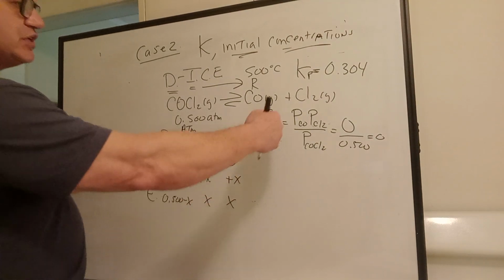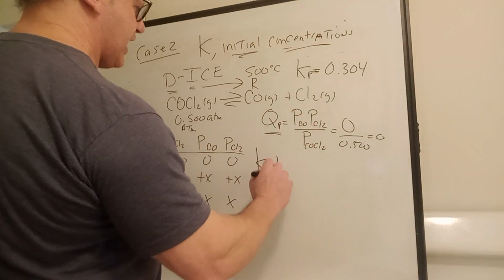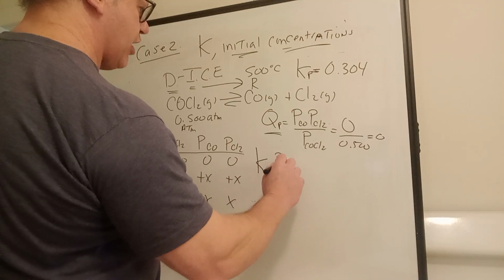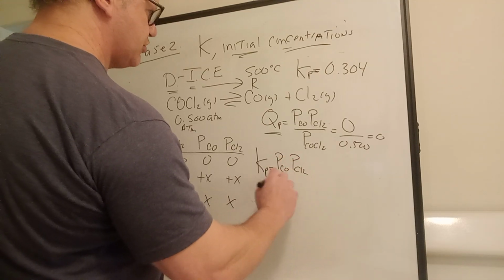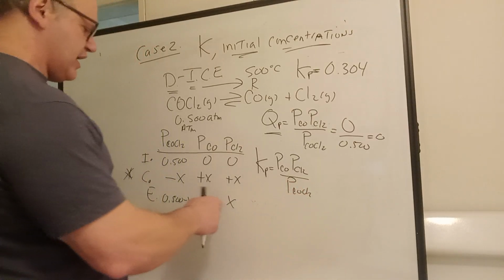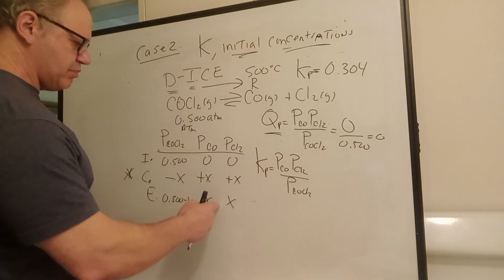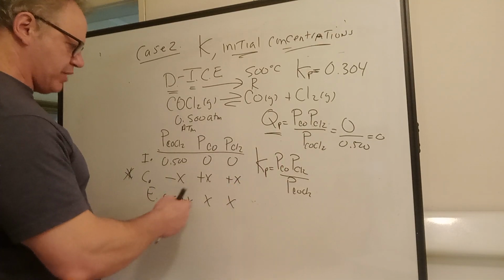So now, using this framework, Kp is the same thing. It's the partial pressure of CO, the partial pressure of Cl2, over the partial pressure of COCl2. Plug in what these represent in terms of x's and numbers plus or minus x.